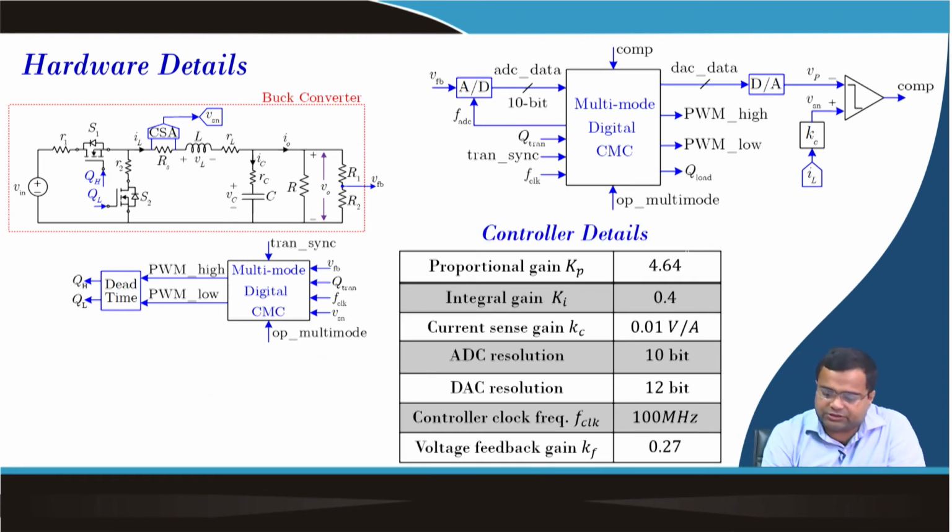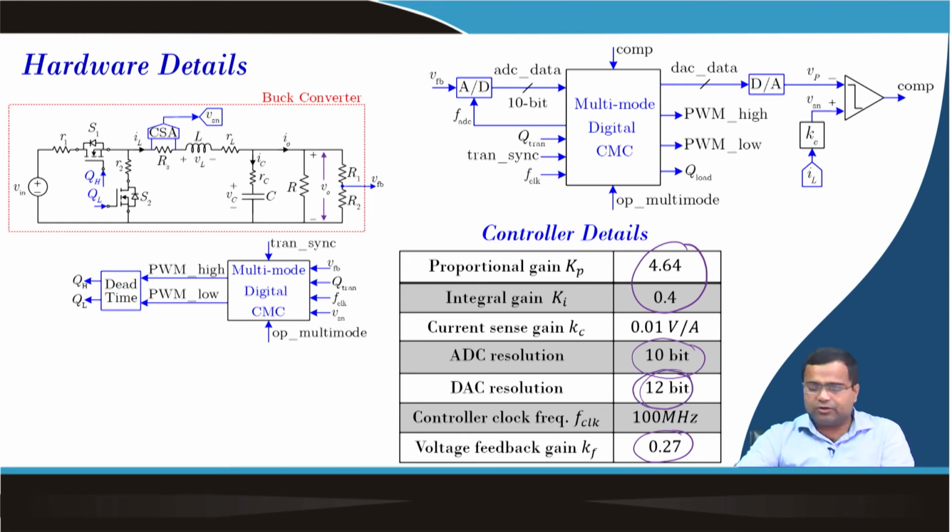Controller gain, we are using the same PI controller gain that we used in lecture number, I think, 107 and 108, and current sensor gain all are known, voltage feedback gain this much. ADC resolution is 10 bit and DAC resolution is 12 bit with offset binary, we have discussed.